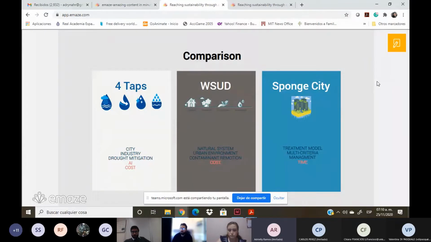Also, in China, sponge cities like Shenzhen have this treatment model. They have multi-criteria management of water. However, each of them does not have specialized artificial intelligence algorithms for their schemes, and they have huge cost and also huge infrastructure change.